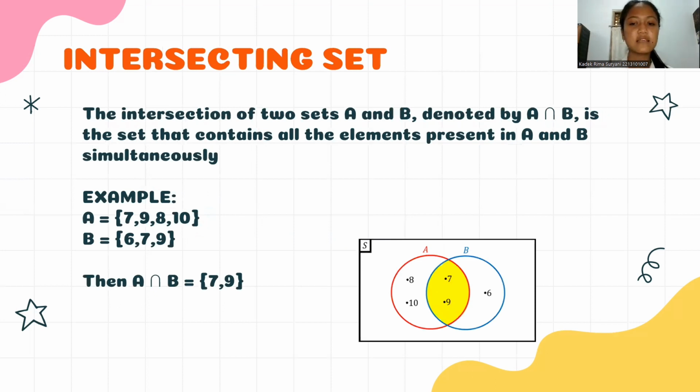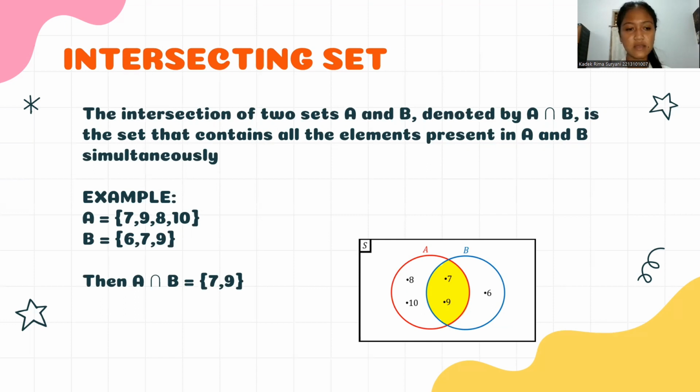Okay, for the next is the intersection of two sets, A and B, denoted by A intersection B. It is the set that contains all the elements present in A and B simultaneously. In the intersection, only the elements that are in both sets will be part of the result. In other words, we take the same or similar elements between the sets.